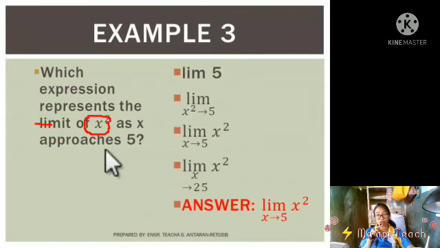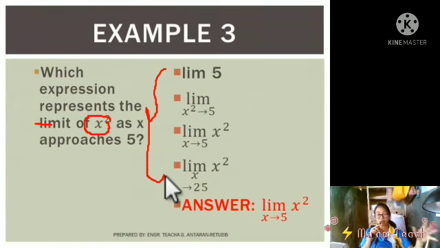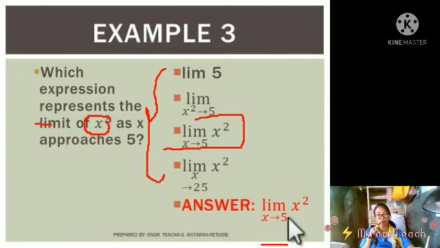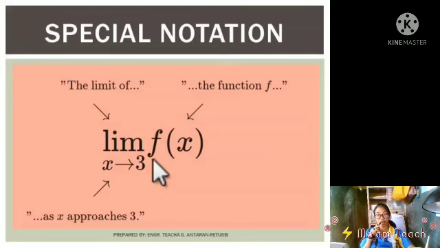What do you think? Based on these choices, what is the appropriate way of expressing our limit? Obviously, it is this one. Your f of x, if you recall, is your equation. Not all the time will you write f of x or g of x.